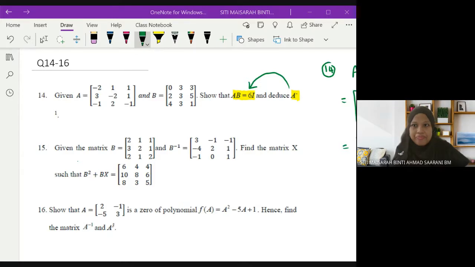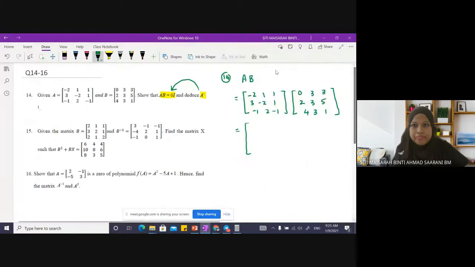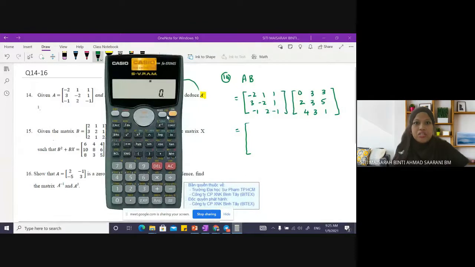Okay. So kalau guna kalkulator yang warna hitam ni, kalkulator 570 ni, nak tekan kalkulator, pilih mode.